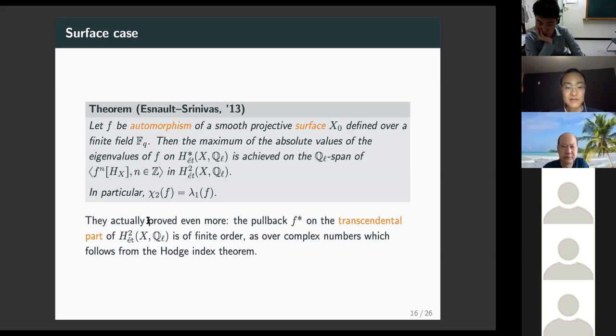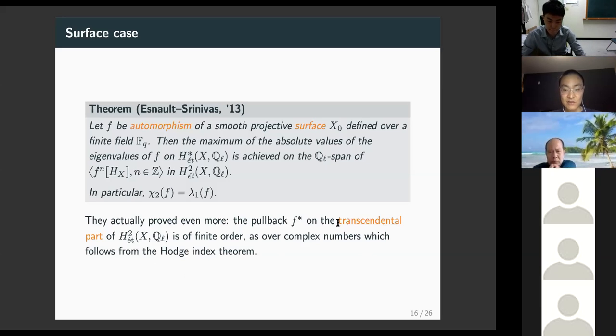Okay, so actually they proved even more. They proved the pullback action on the transcendental part of H2 is of finite order. And this is true over complex numbers by the Hodge index theorem, because outside the transcendental part we have the algebraic part, which has hyperbolic index, one positive and the rest negative.